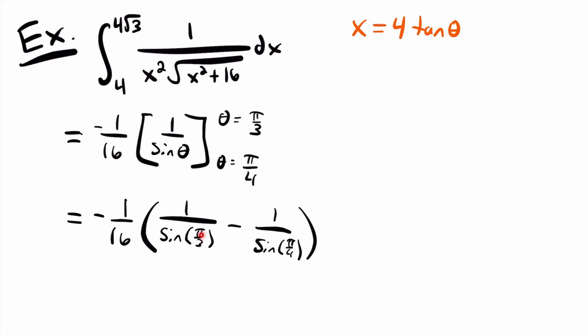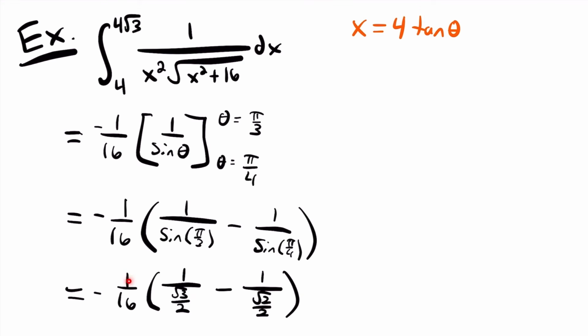Okay, now sine of pi divided by 3 is the square root of 3 divided by 2. So this is equal to negative 1/16 times 1 divided by the square root of 3 divided by 2 minus 1 divided by sine of pi divided by 4. And sine of pi divided by 4 is the square root of 2 divided by 2. And so we have 1 divided by the square root of 2 divided by 2.